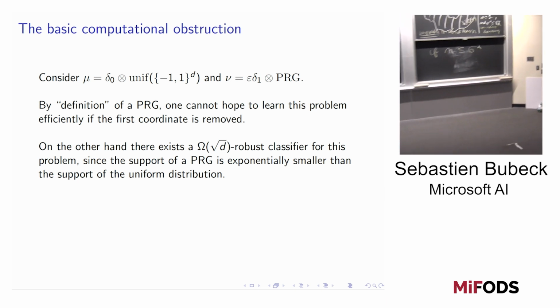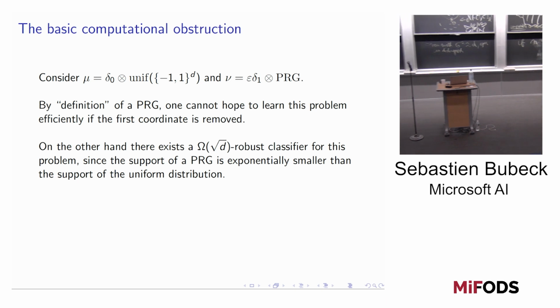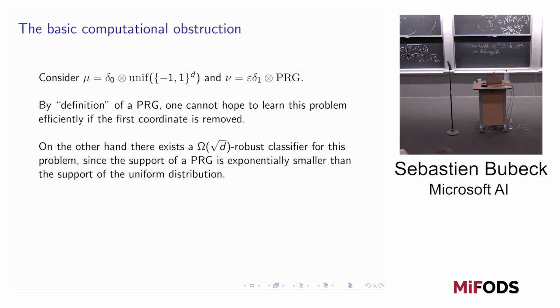The point is that a pseudo-random generator, because it has to be efficient, is supported on a small subset of the cube. So in terms of volume, it occupies a very tiny fraction of the entire cube. So when I take a sample from the second distribution, even if I modify it microscopically, I still don't get a typical sample from the other one.